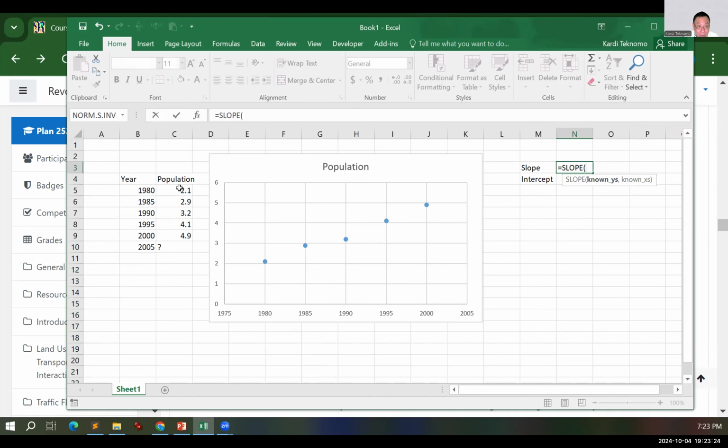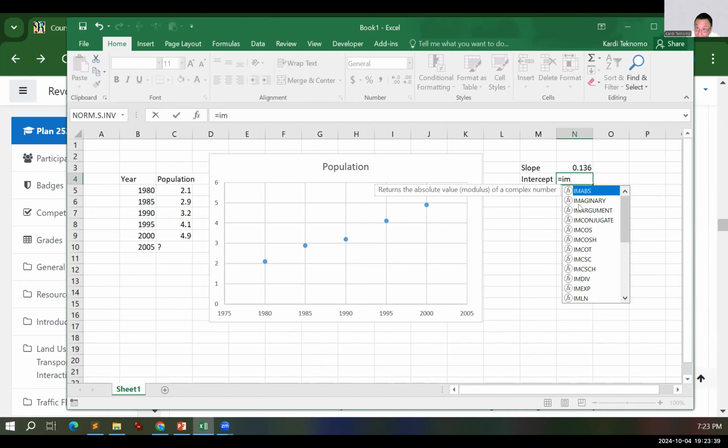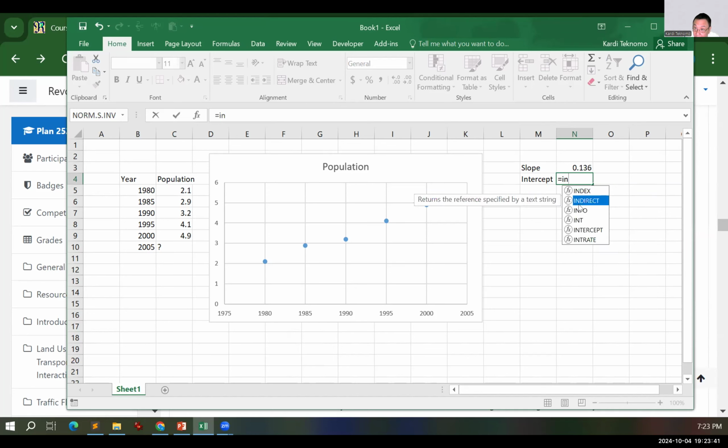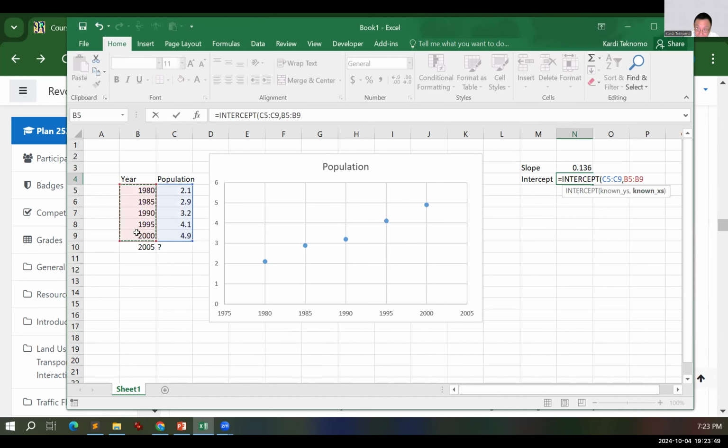So this is the y, and then comma the known x. There you get 0.36. The intercept, equals intercept, again the same known y and then known x. Then you can get that value.